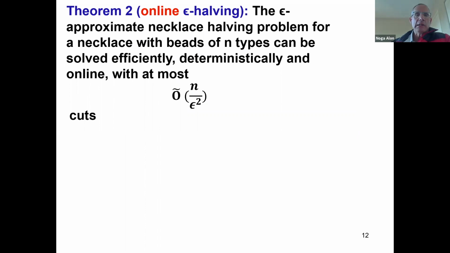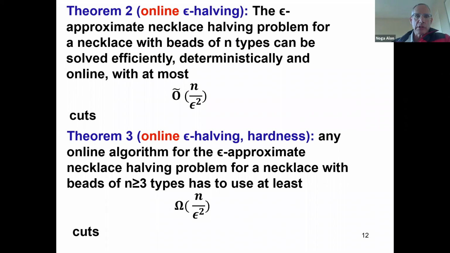Now, here are the results about the online case. Let me actually show everything. So if we want to do it online, and we have n types, then we can do it efficiently, deterministically, and online with at most, up to logarithmic terms, n over epsilon squared cuts, which also means that everybody gets that many intervals.